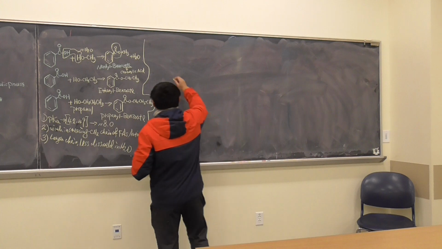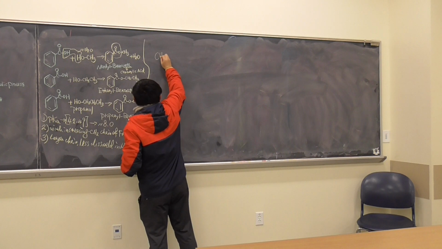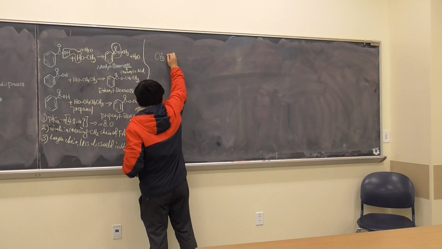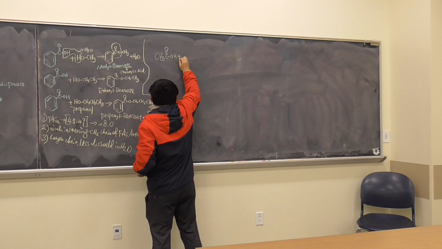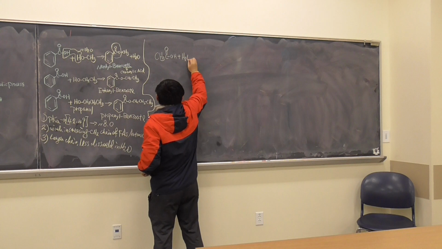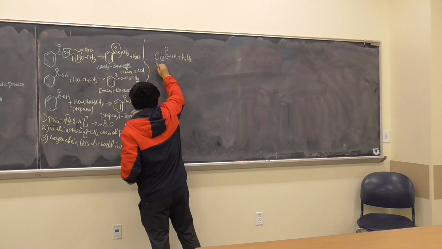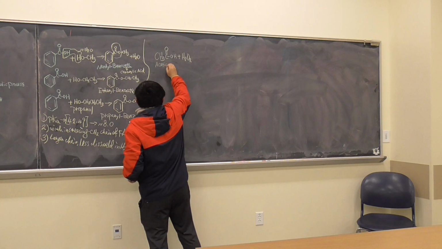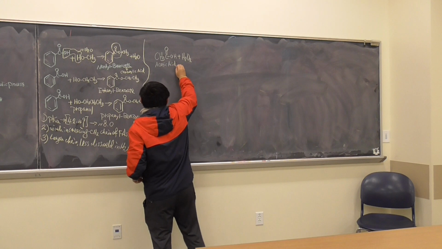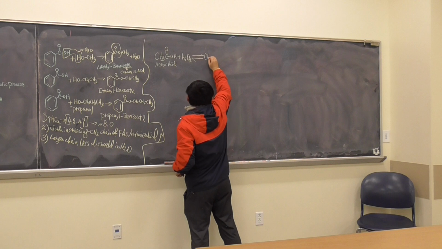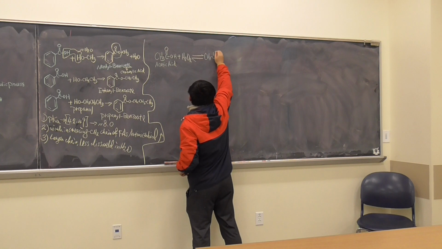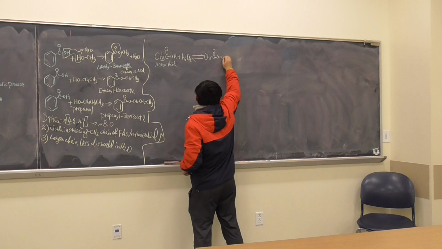This is a reaction between acetic acid and hydrogen peroxide. So this is acetic acid, and they will react and generate the product CH3COOOH.